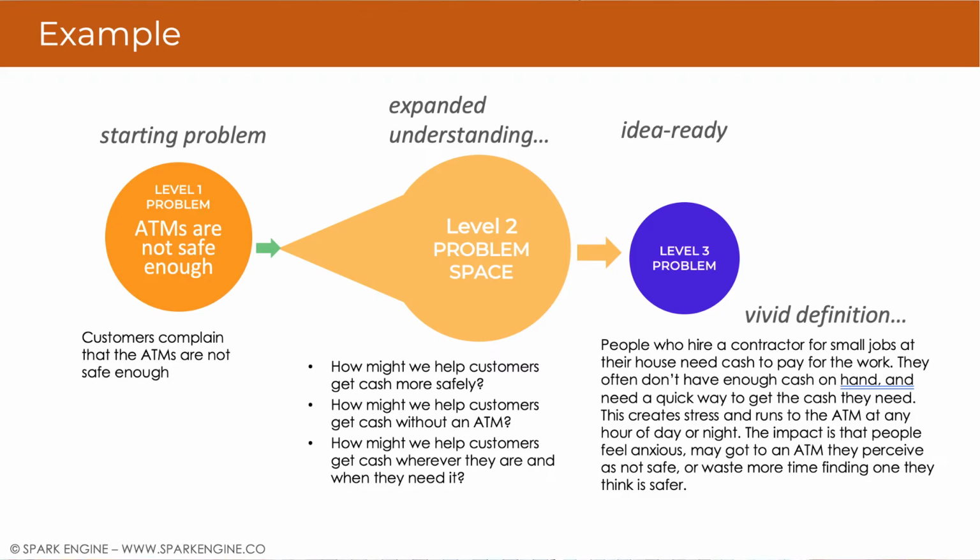And then out of that, we use the level 3 problem framework to nail the details about the level 3 problem, such as the context, the customer, the experience, and we craft this example. People who hire a contractor for small jobs at their house need cash to pay for the work.